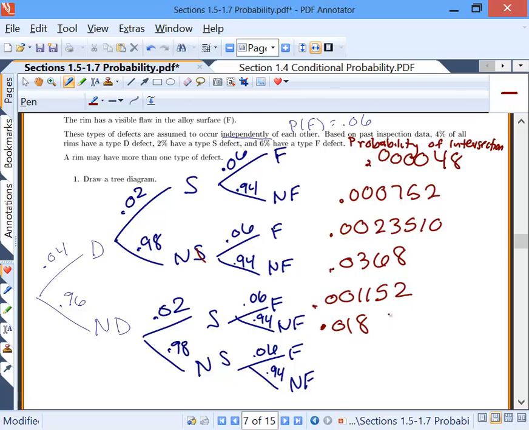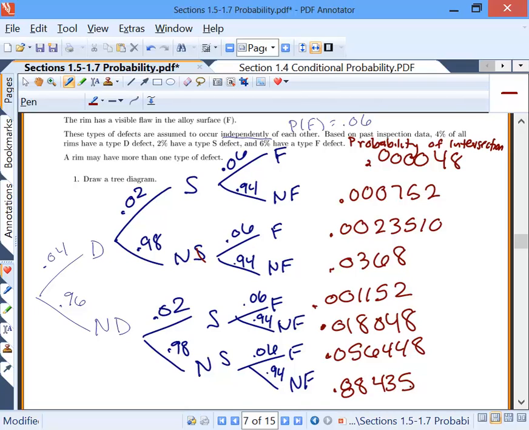Sorry, say the last part again. 0.018048. Okay. 0.056448. And the last one? 0.884352. Sorry, say it one more time. 0.884352. Okay. So we have all of our probabilities for all of the intersections.